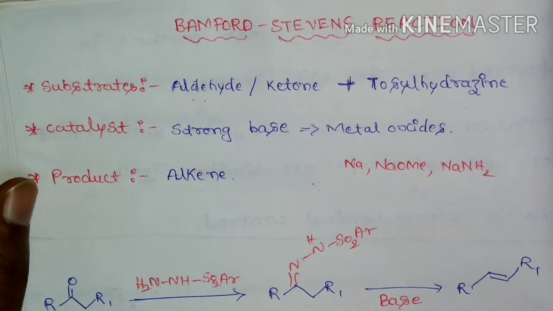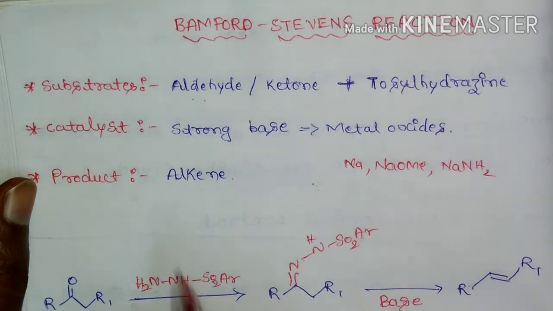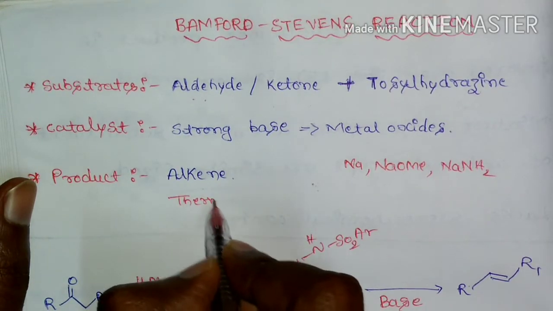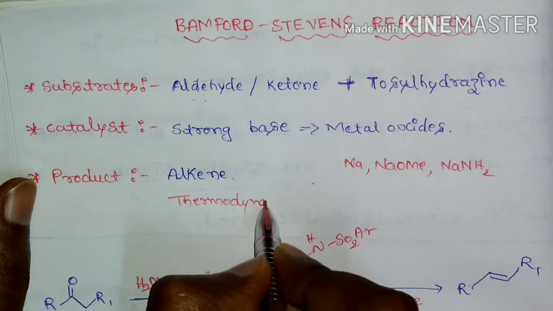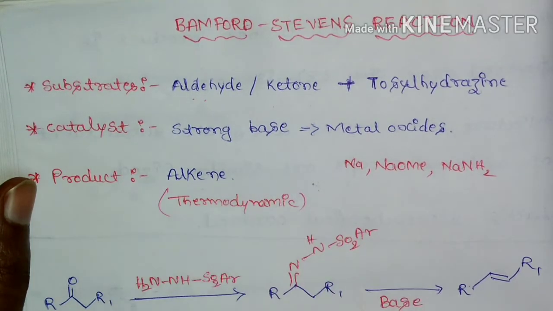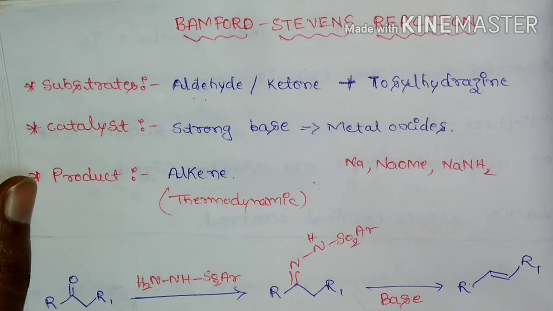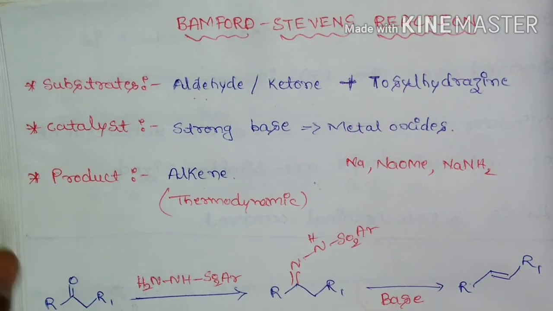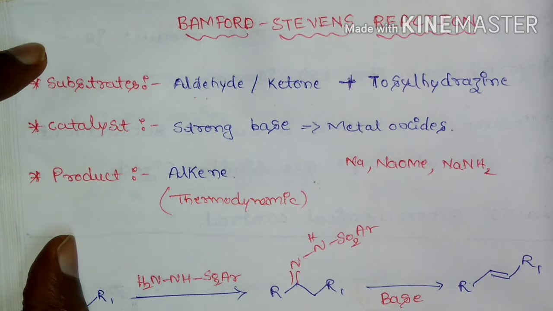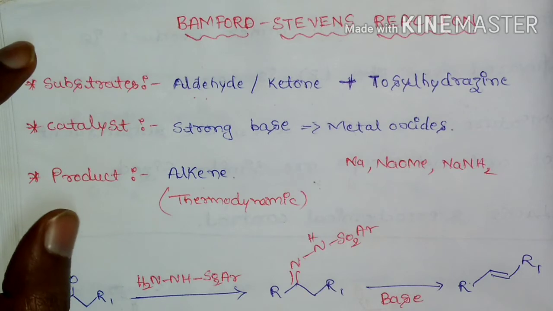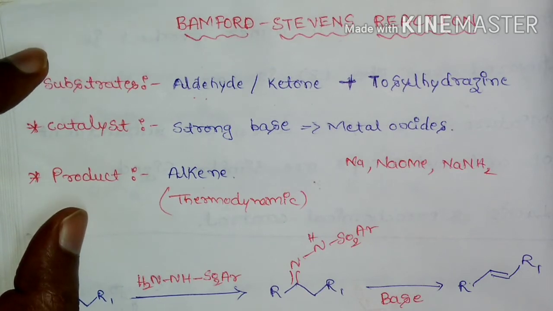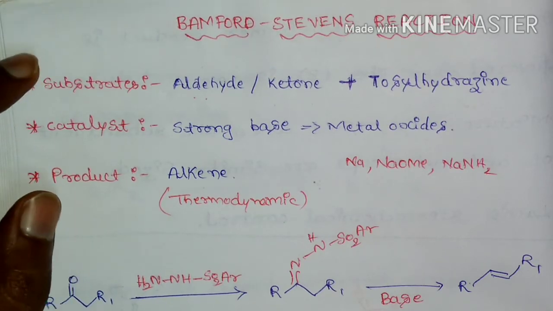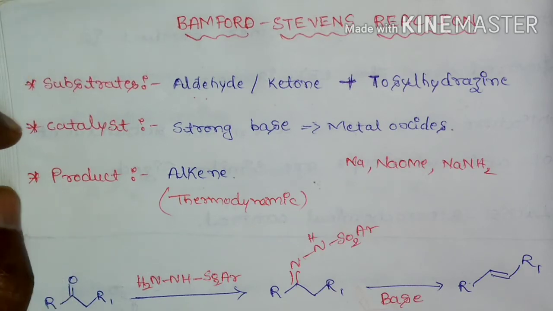And here you need to remember one thing, that the product usually formed in the Bamford-Stevens reaction is the thermodynamic product. That is, the more substituted alkene will be formed. So these are the important things we need to know regarding the Bamford-Stevens reaction. Substrates are aldehyde or ketone plus tosyl hydrazine, which react to form tosyl hydrazone.